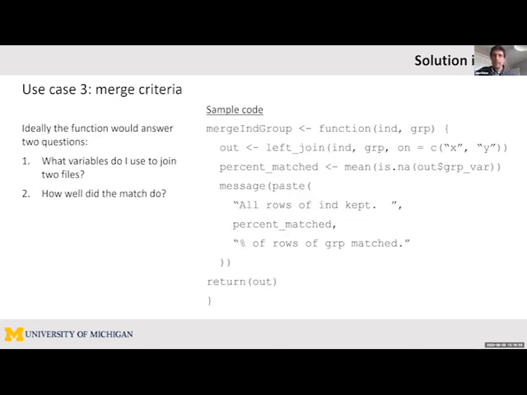The third use case that I had considered for this was merge criteria. So again, often we get data sets that are in multiple tables that we want to bring together. The merge criteria ideally would automatically identify the correct columns for these things to merge on, and then would spit out a result that says we kept all the rows of this, X% of rows of this other thing matched into this.